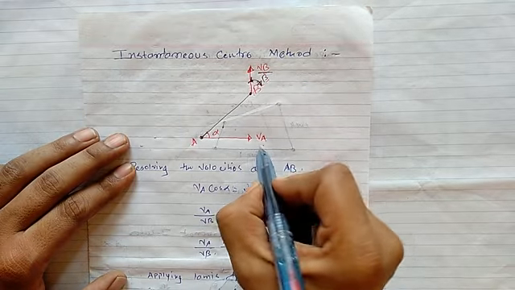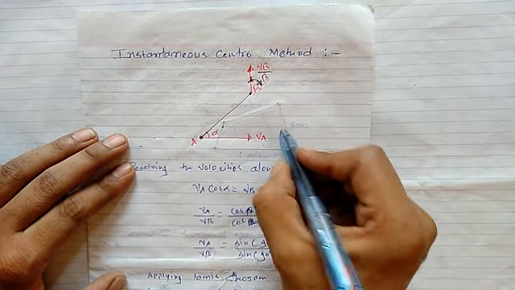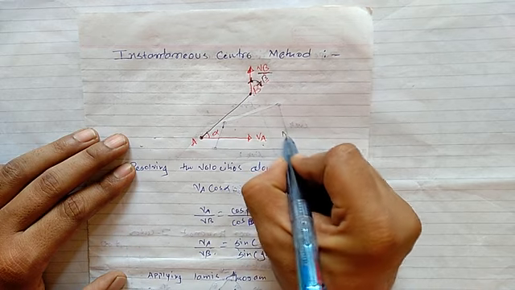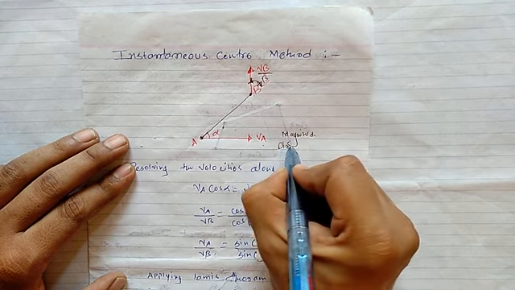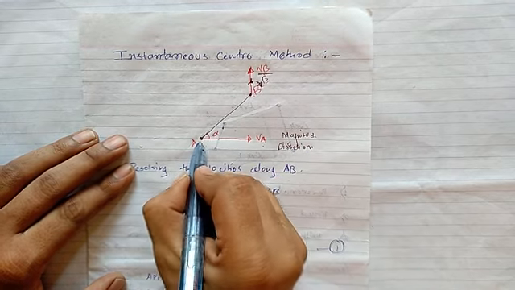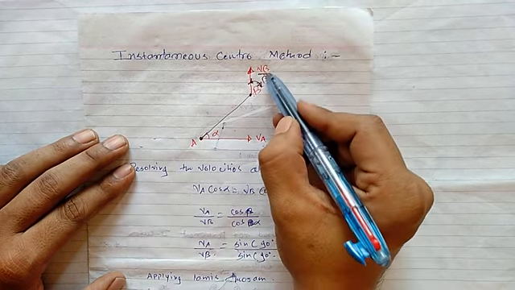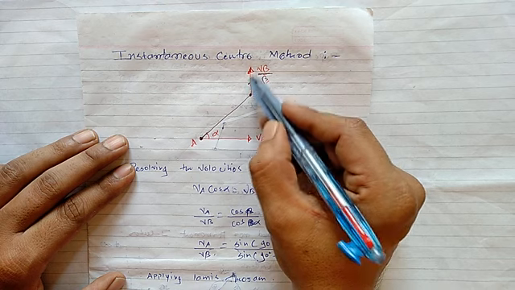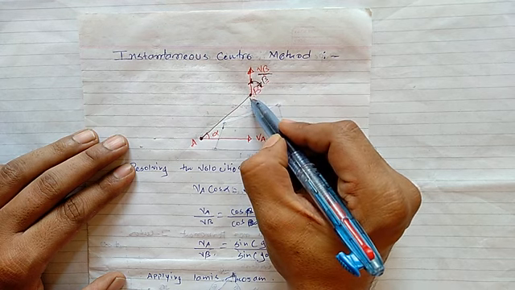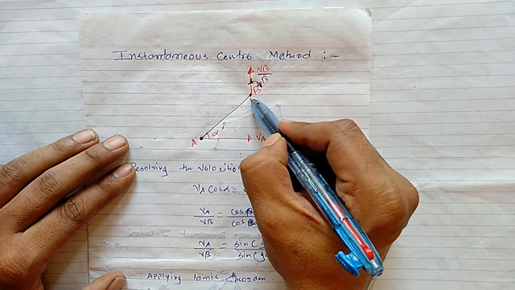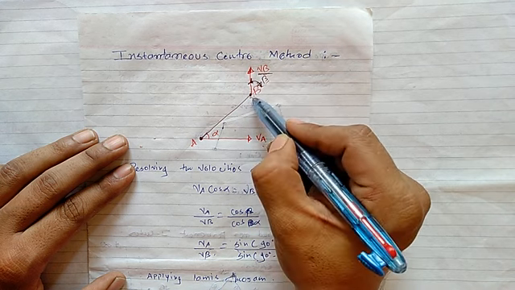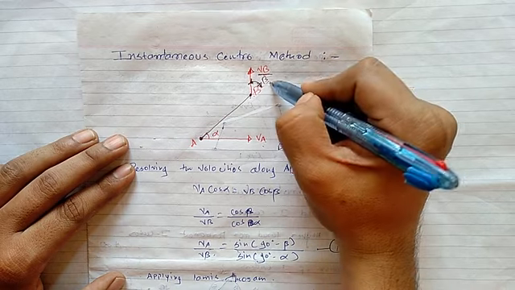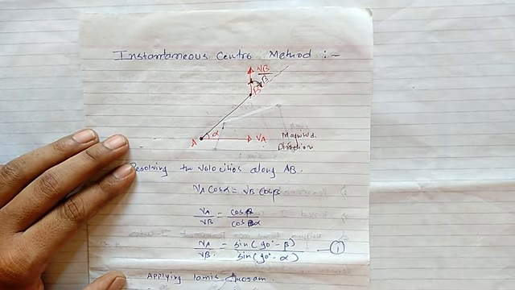So initially we should know the magnitude and direction of point A, and here is VB, the direction of velocity. Which kind of velocity? That is the linear velocity, right? The linear velocity is moving in this direction along with this angle beta. This is the extension, right?